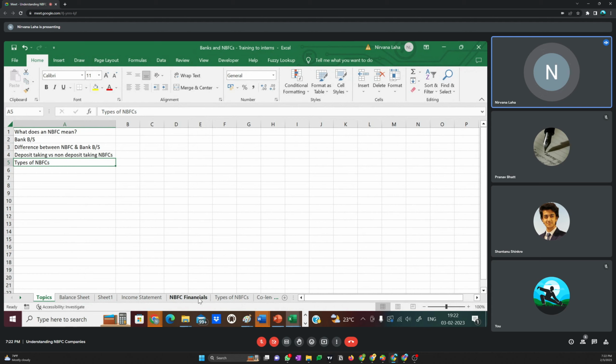But gradually, Bajaj Finance is one NBFC which has become so huge, and it has done so well, and RBI is starting to show such confidence in it, that Bajaj Finance may be able to charge rates which are higher than banks but still closer to them. So that's the answer to your question, Shantanu. Basically, it's a factor of trust. Naturally NBFCs have a little less trust compared to banks, so their interest rates will generally be high.